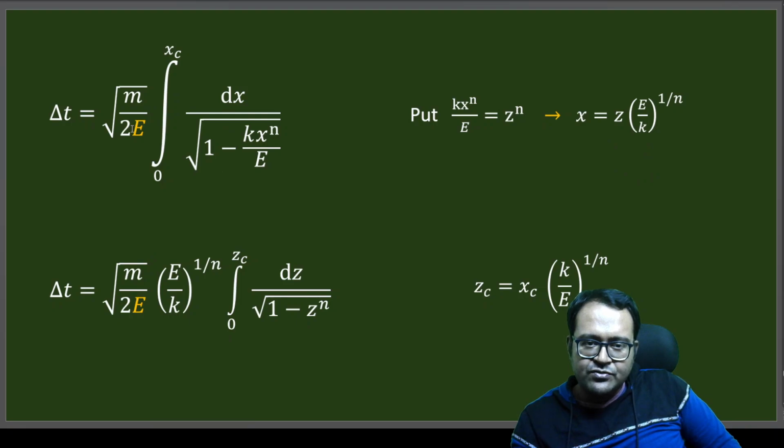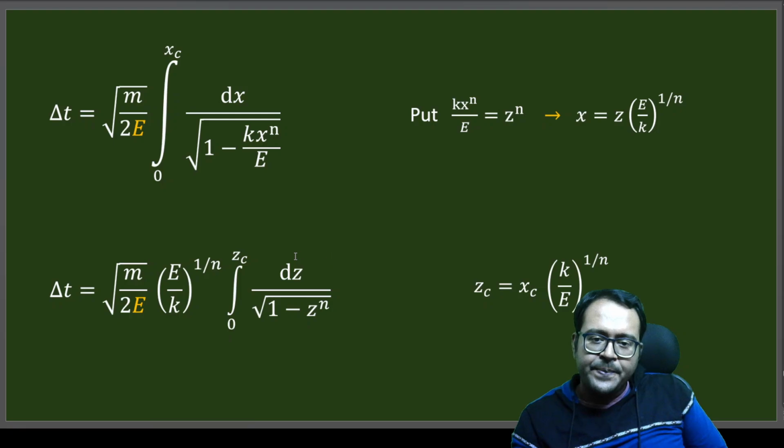We already have the square root of m by 2 and 2e. So dx changes into dz, e by k to the power 1 by n goes out, and this is just dz over the square root of 1 minus z to the power n.